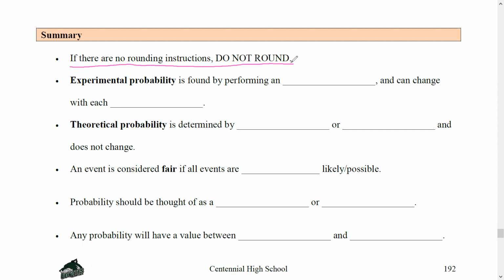Probability we're going to write as a fraction or as a decimal. It is really important that if there are no rounding instructions, do not round. So if I was given a fraction like 3/7, 3/7 is approximately equal to 0.42857... I would prefer that you did not round this or truncate this, meaning just leave it as a fraction.